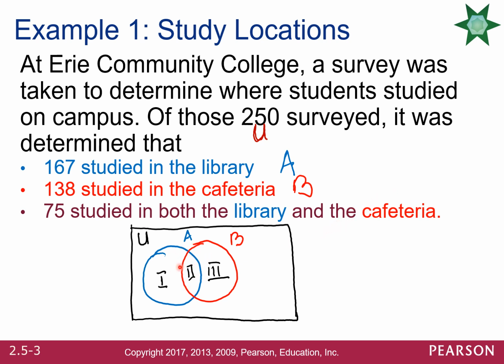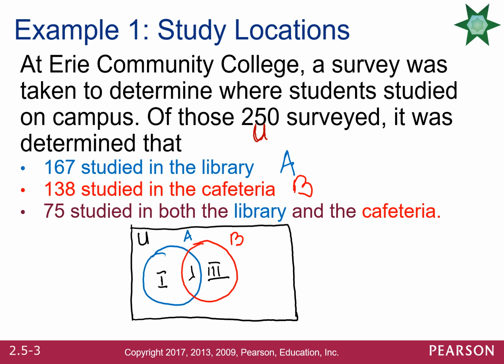So the best thing is to start with the intersecting region, and then it'll be easier for us to figure out how many students we put in region 1 or in region 3. It says here 75 studied in both the library and the cafeteria.